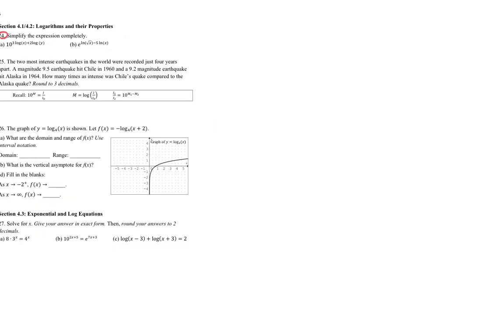Okay, starting with 24a, we're going to simplify these expressions completely. So for part A, we have 3 log of x plus 2 log of y. If it never gives you a log base, what that means is that you assume that's log base 10.